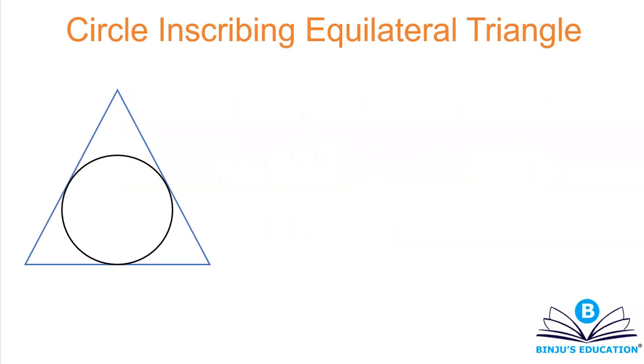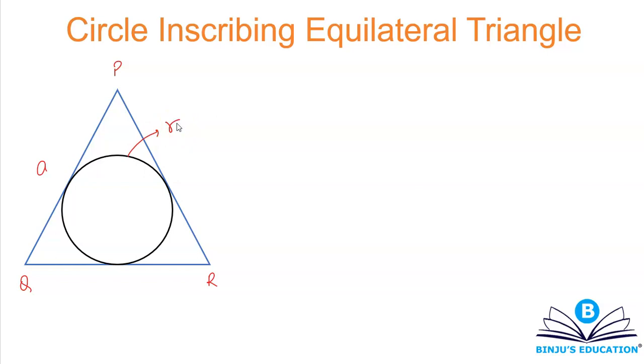Now, whenever a circle is inscribed in an equilateral triangle, we can consider the side of the equilateral triangle to be a units and radius to be small r, and I need to find the relationship between a and r.